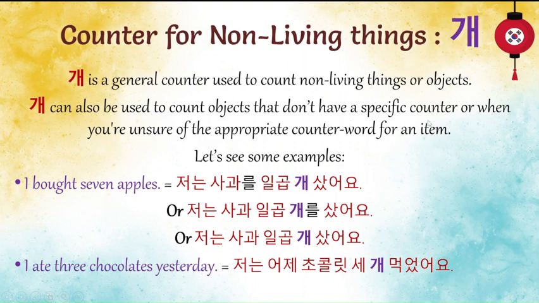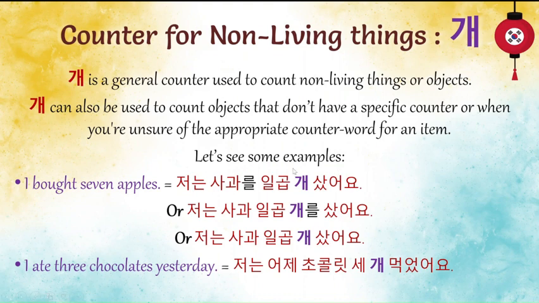But if there is no counter for an object, then you can use 개 for such objects. And also, if you are unsure about a counter word for a particular item, if you forget the counter for a particular item or object, then also you can use 개, to be on the safer side. So this is kind of a general counter to count things or objects.